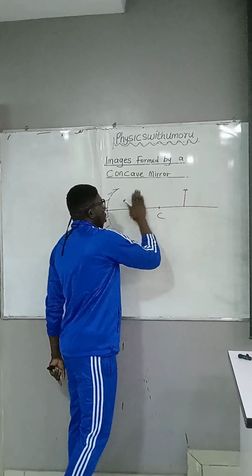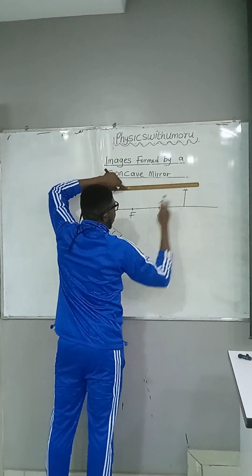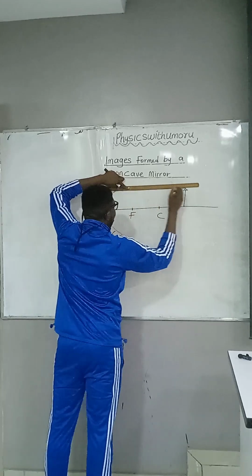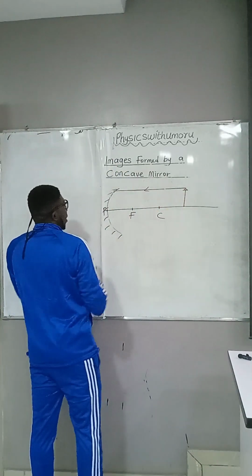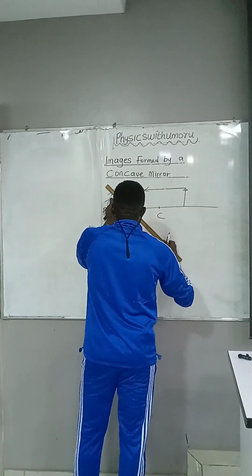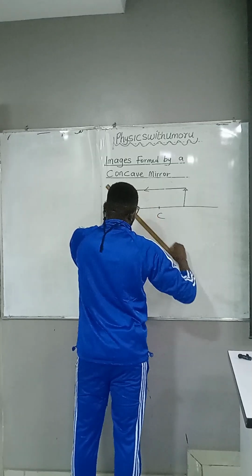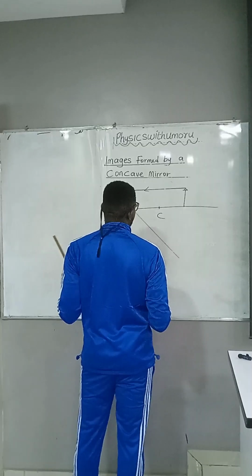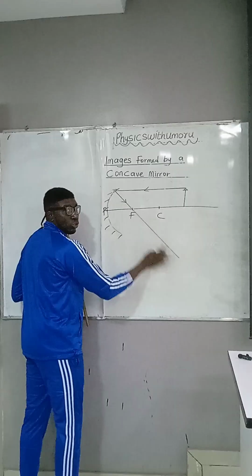All right, so to draw, I'm going to draw a line from here to here. This is the incident ray, the parallel, and it's going to reflect through F. So this is the reflected ray, the first one.